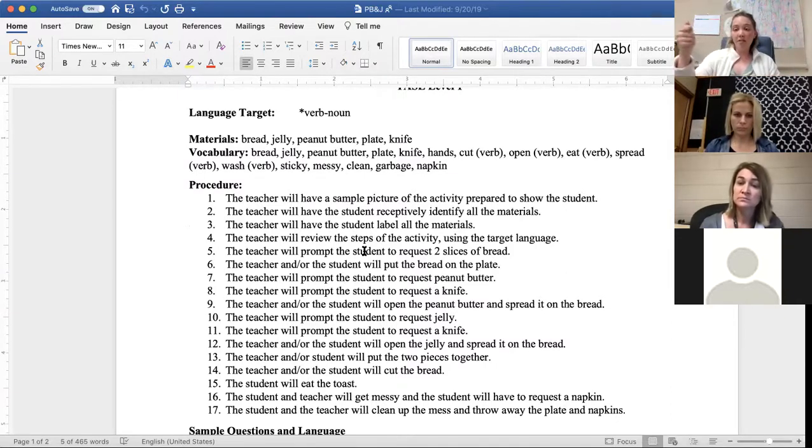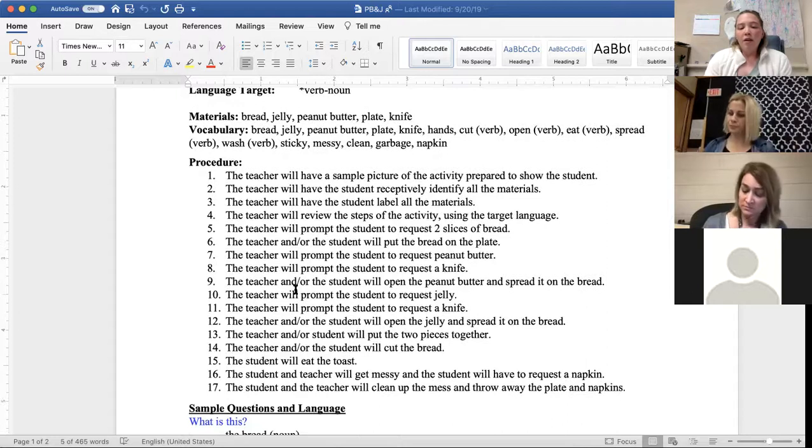The girl cuts, the boy eats, the girl spreads, or spread peanut butter, bite apple, whatever it is. And so bringing that all into something very basic.